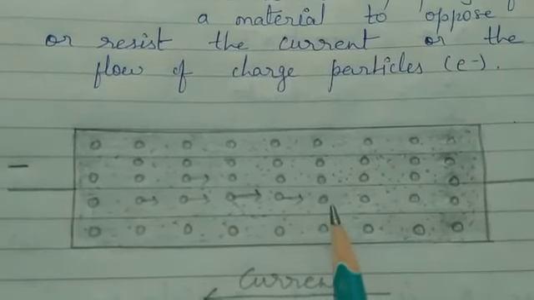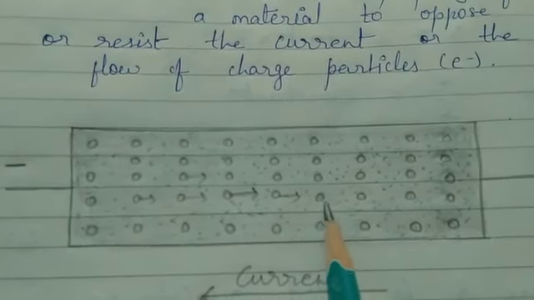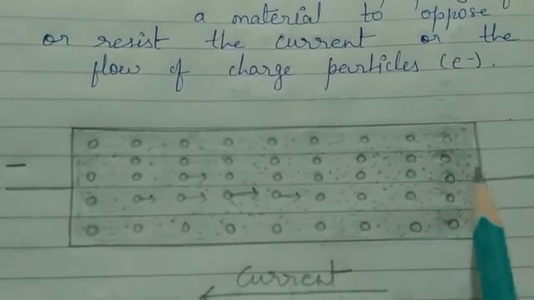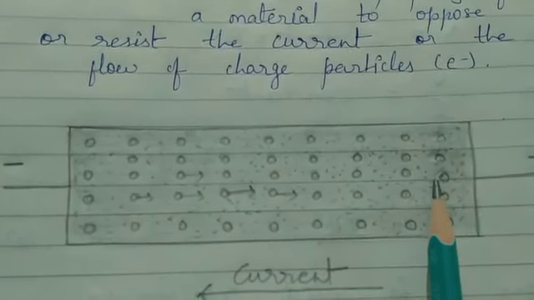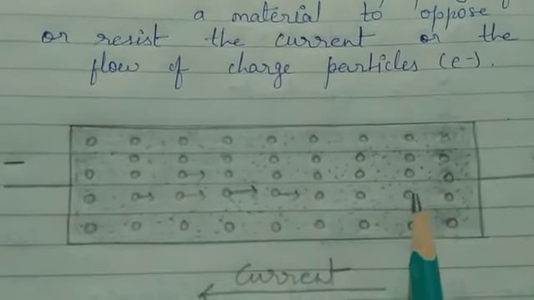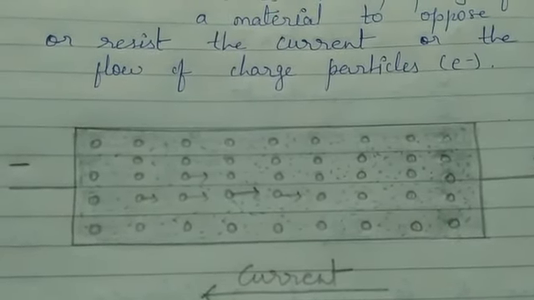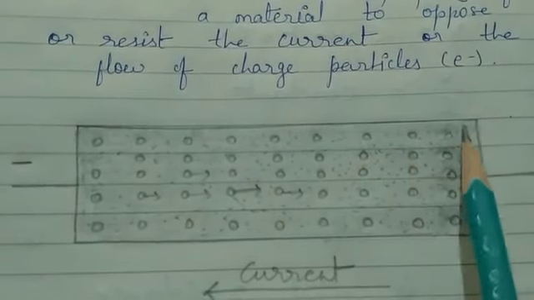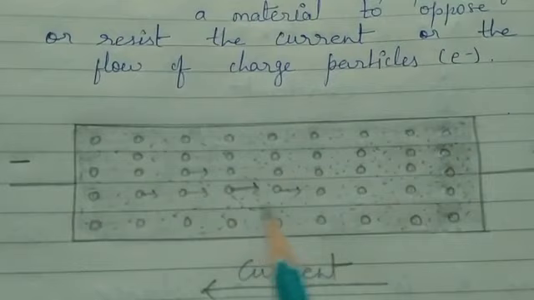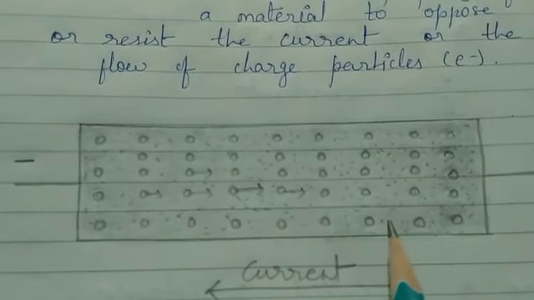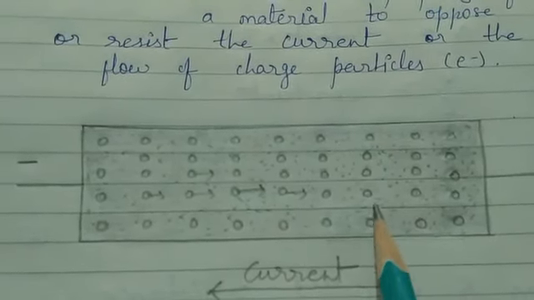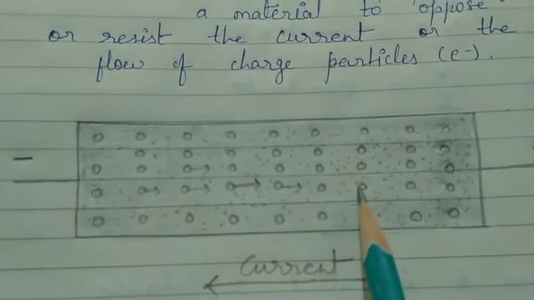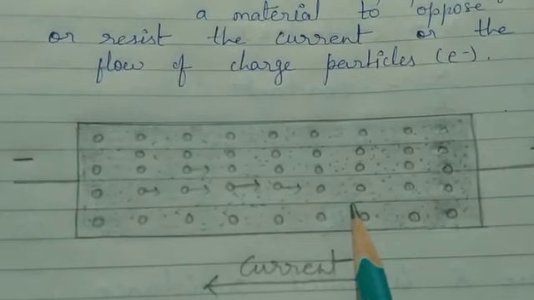So in a particular time interval, the number of charges flowing from one terminal to another decreases, and that's why the amount of current also decreases. Because of this property of the conductor, because of this collision, there is some opposition in the motion of electrons, and this opposition is called resistance.